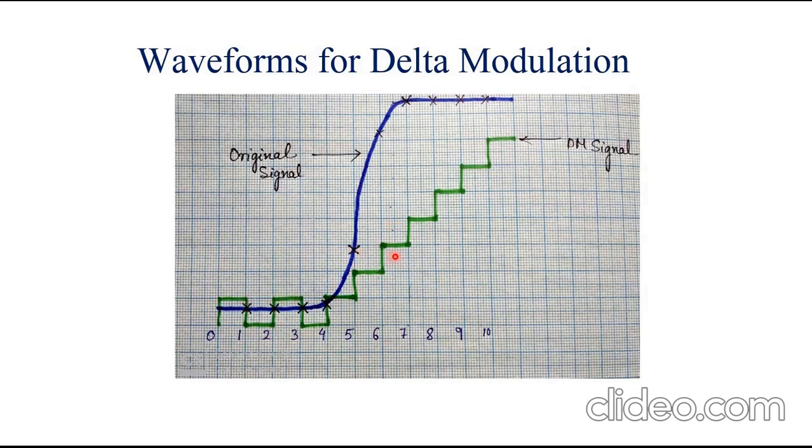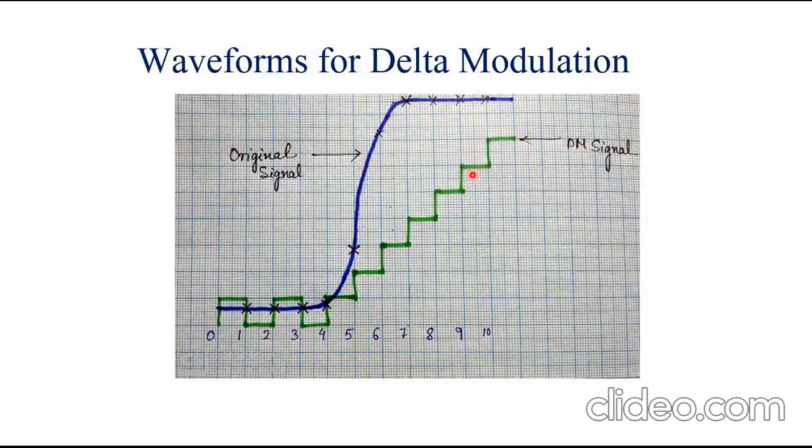This is the DM signal and this is the original signal. If you see the difference between the original signal and the DM signal, there is a big difference between these two.